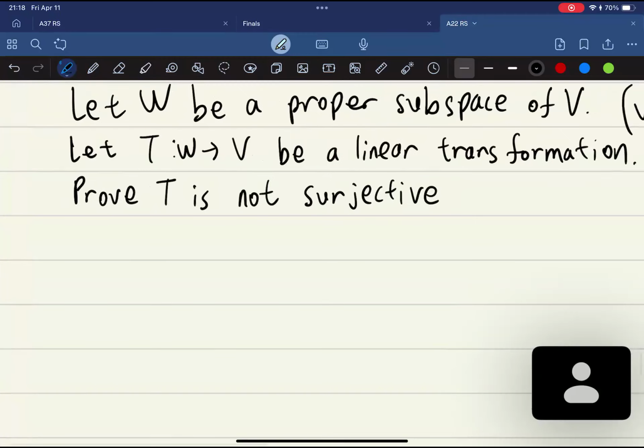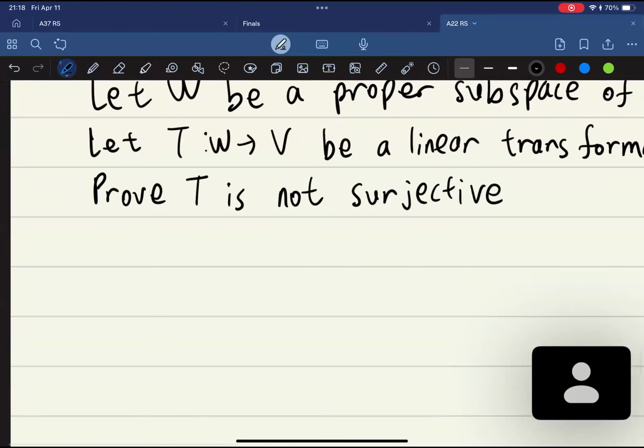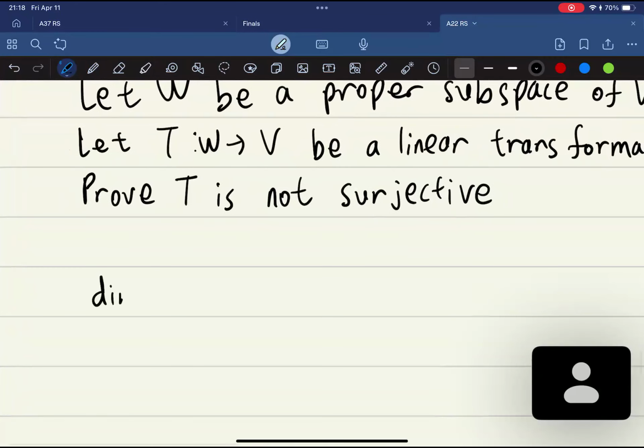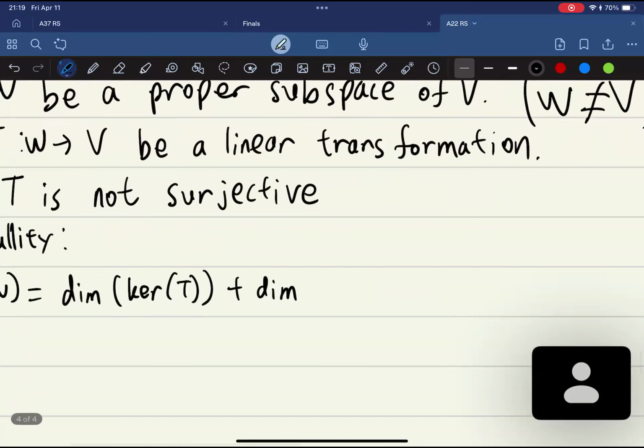So here we will use the rank nullity theorem. Since T has domain W, the rank nullity theorem says that the dimension of W is equal to the dimension of the kernel plus the dimension of the image.